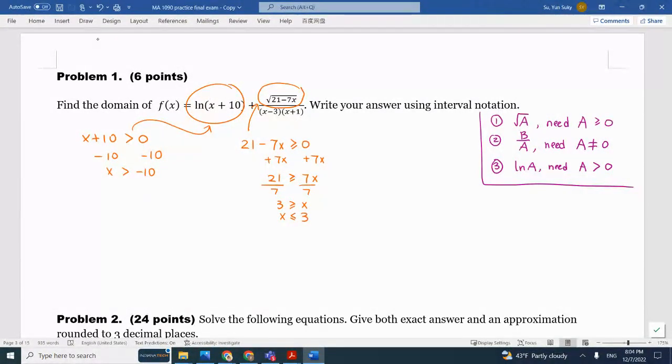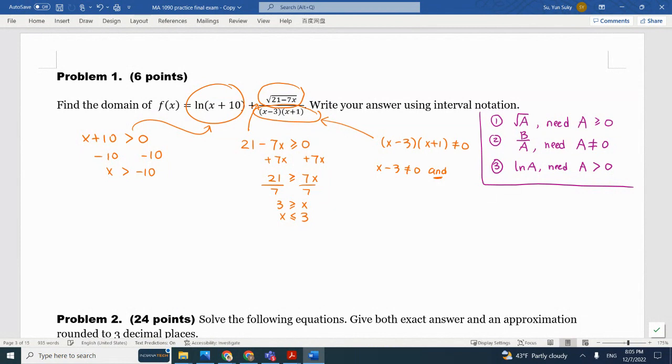Alright, what's left? Now we have the denominator. For the denominator, we need the denominator cannot be 0. Well, a product of two factors is not 0. That means each of the factors cannot be 0.